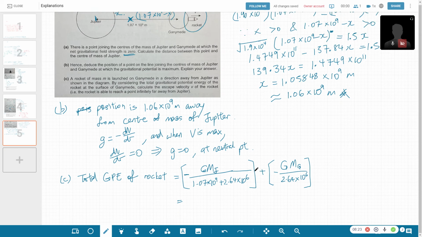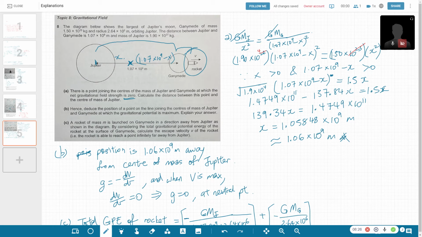So you get the mass of Jupiter, 1.9 times 10 power 27, over 1.07 times 10 power 9 plus 2.64 times 10 power 6, plus the mass of Ganymede, 1.50 times 10 to the power of 23 divided by 2.64 times 10 power 6.